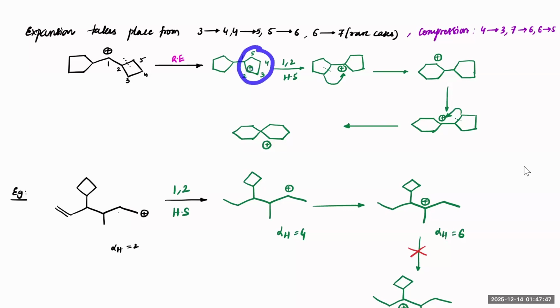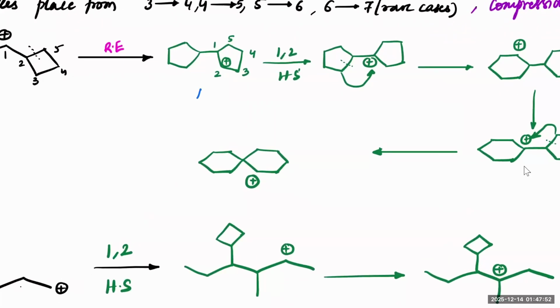You will see a five-membered ring forming. And here, if you compare the number of alpha hydrogens, you will see right side I have two, left side I have one, total three. Which means on the first position, if at all hydride shift is done, I will get positive charge here. Now, if you notice alpha hydrogens, you have 2, 2 and 1.